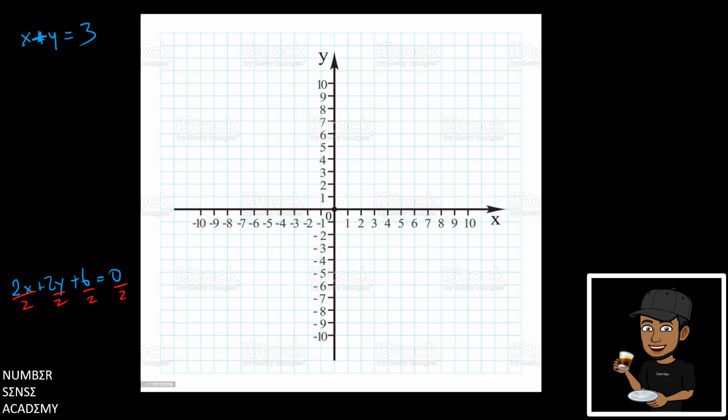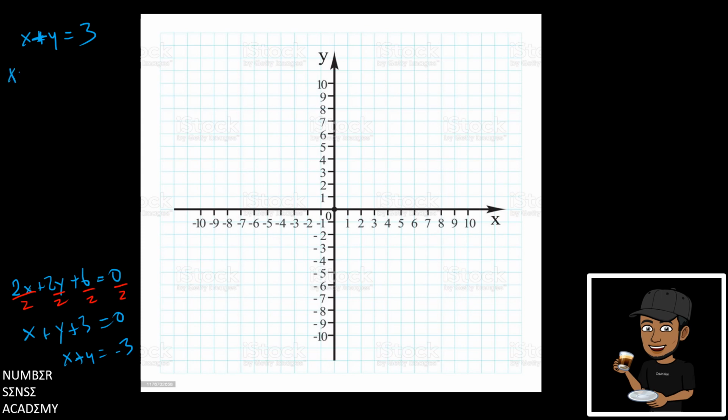Everything divided by 2, I'm going to end up with x plus y plus 3 equals 0, which means x plus y equals negative 3. So we have x plus y equals 3, and then we have x plus y equals negative 3. Let's solve.